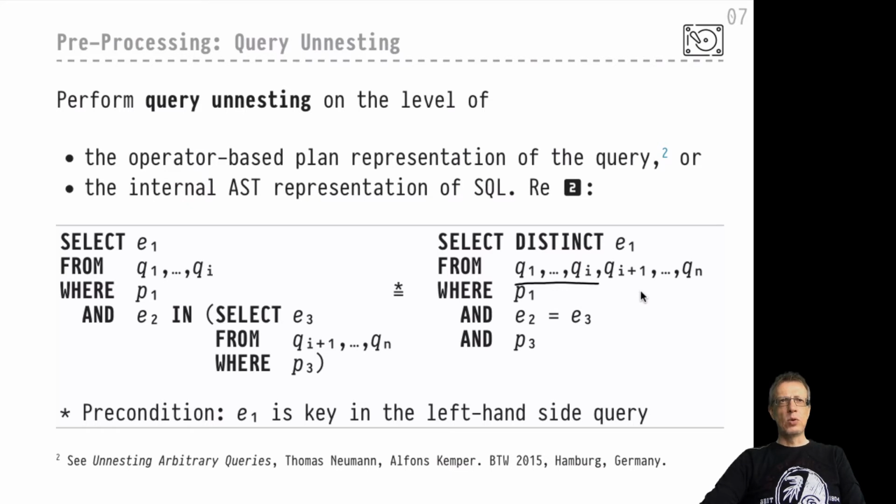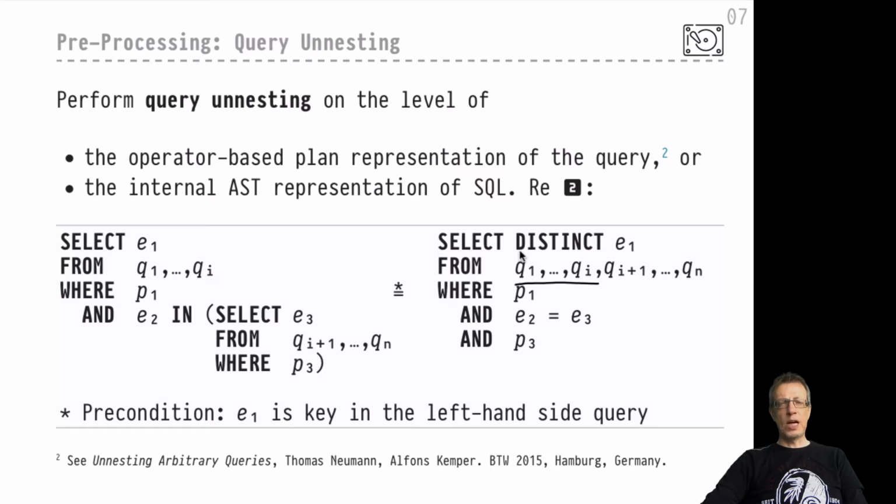Okay, so to avoid that such a binding for the first i tables occurs many times in the result, we will have a distinct clause in the right hand side in our rewrite of the query. So any binding E1, or any binding for the first i tables that leads to the relation of E1, is only present once in the result. Okay, so in general we need this particular distinct clause.